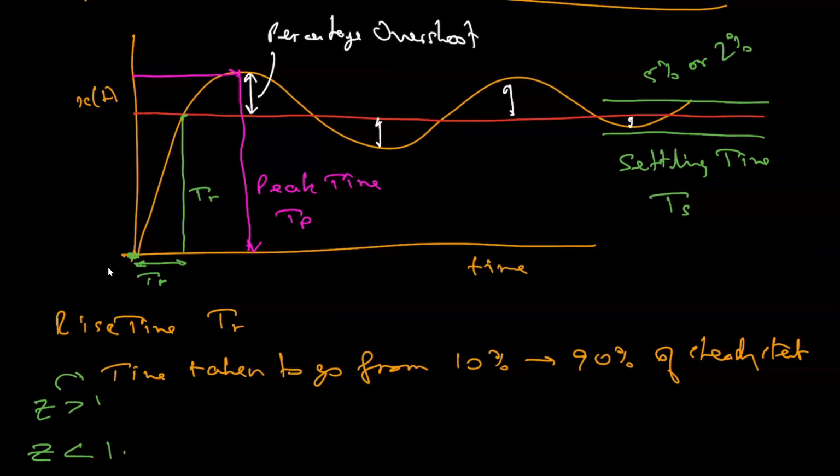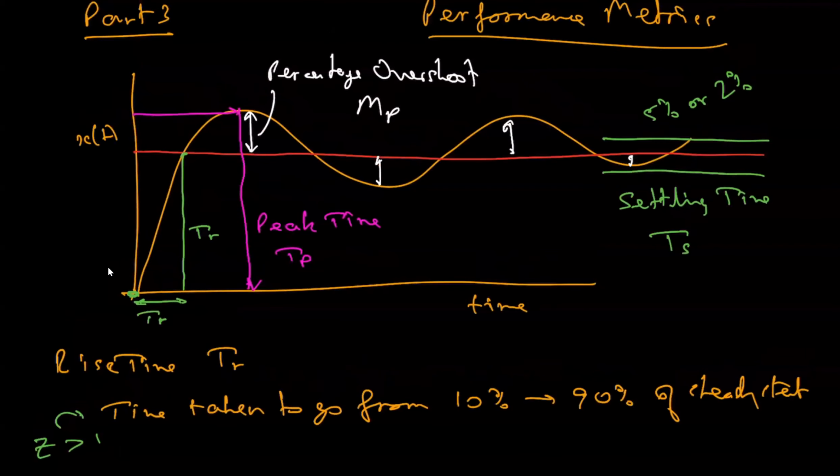It's got different symbols, but MP is a common one. Okay, so these are the various metrics you can have for looking at the performance of the second order system.